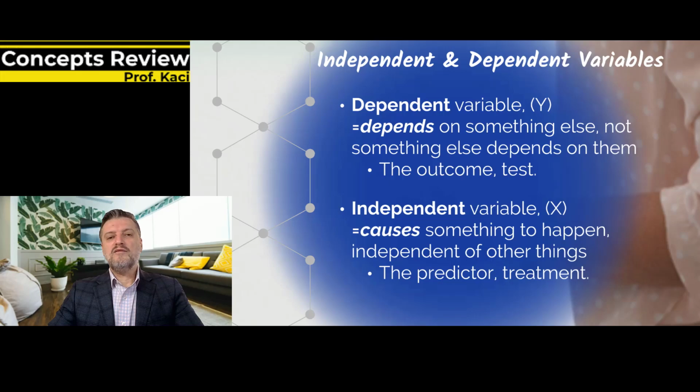The independent variable, the predictor, is the variable that causes, determines, or precedes in time the dependent variable and is usually denoted by the letter X. An independent variable in one study could become a dependent variable in another.